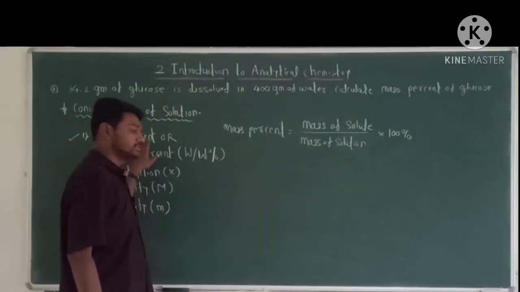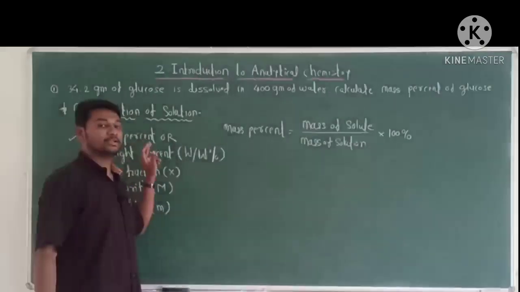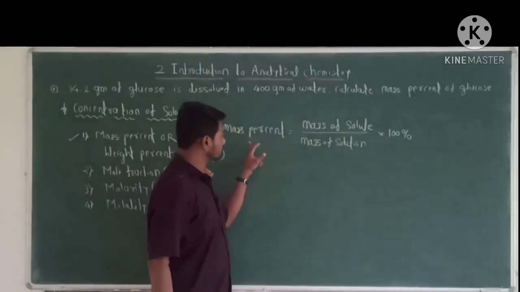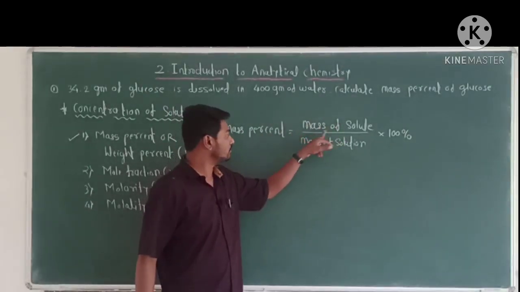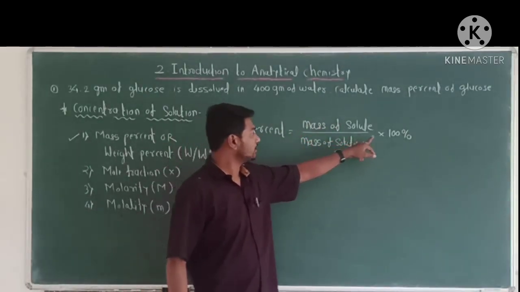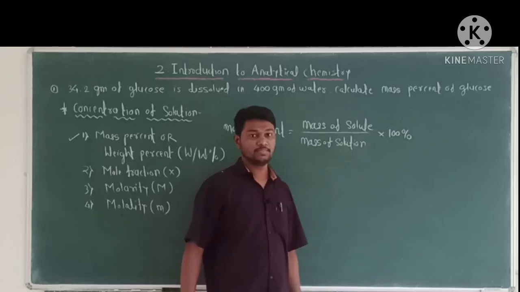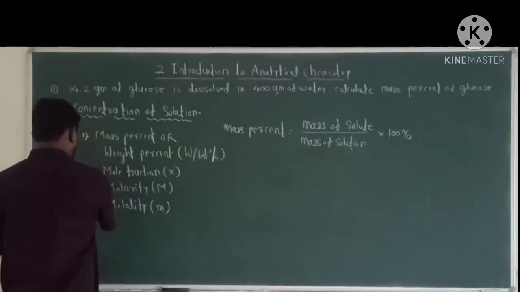Mass percentage is obtained by using this equation, that is, mass percent is equal to mass of solute divided by mass of solution into 100%.